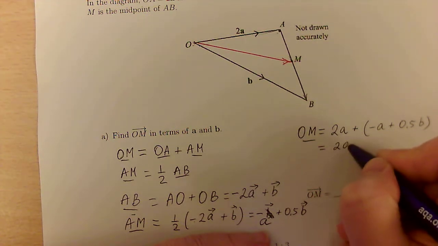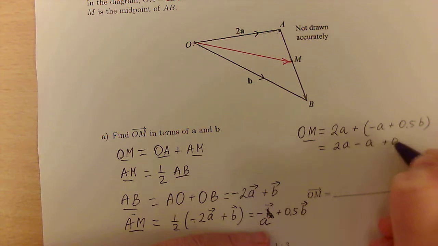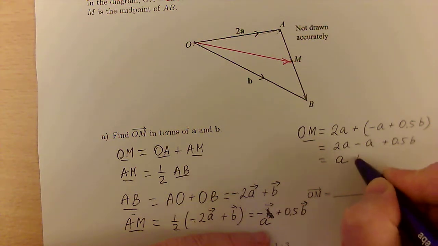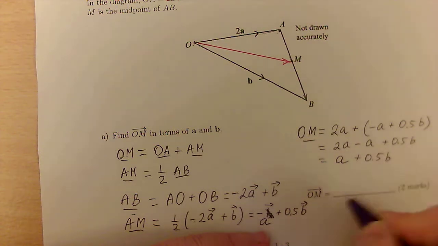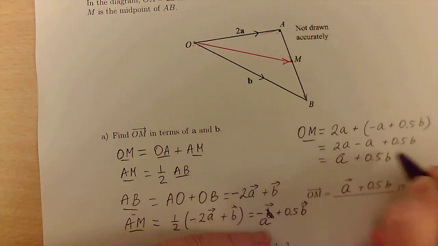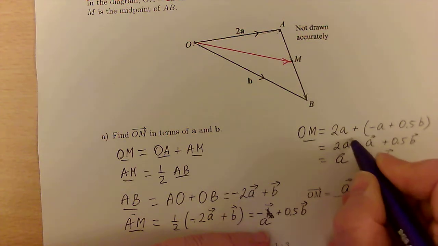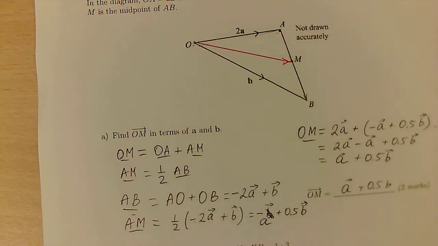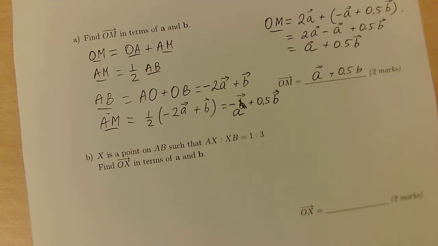Now we open the brackets and collect like terms. 2a minus a is a, plus half of b. And we need to write the vectors on top everywhere. So this question is done. We found OM.